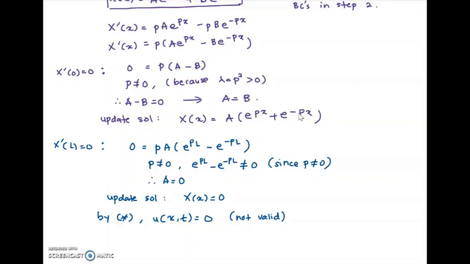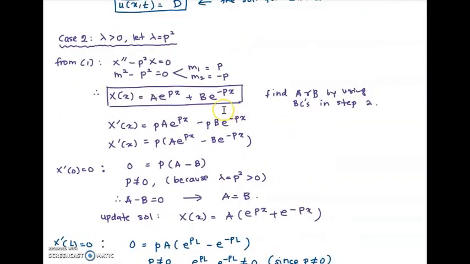So it means that for lambda positive, we don't have a solution. We ignore this case.